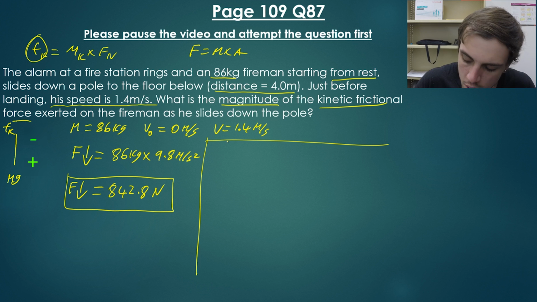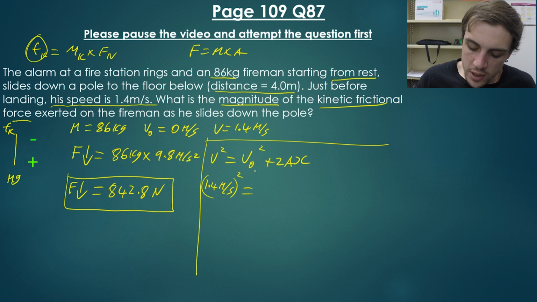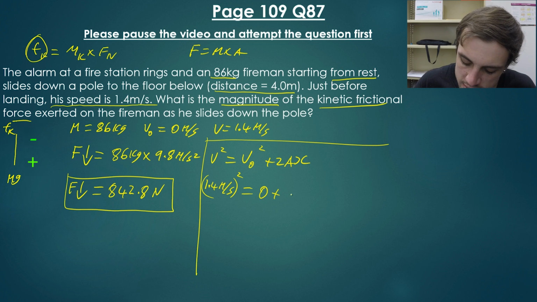So we can go v squared is equal to v0 squared plus 2ax. So his final velocity, 1.4 meters per second, squared, is equal to v0 squared, the initial velocity, which is going to be 0, plus 2ax.